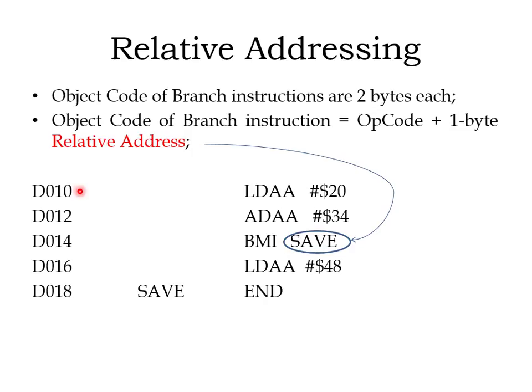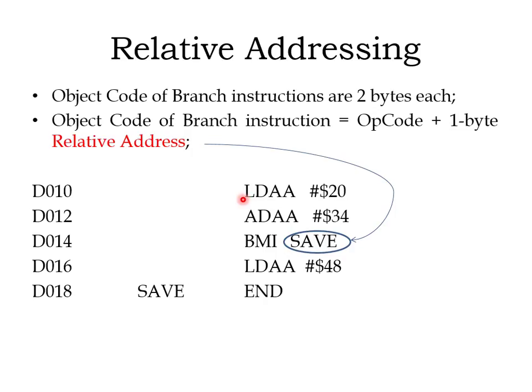Now, for an example, for this program here, we have 5 lines. It's not a program; it's, let's say, a segment of the program. D010 is the address of the first line. And remember, as I said, every line, based on the object code, might be 1 byte, 2 bytes, or 3 bytes, right? If you look at the first line, it's immediate and it's 2 bytes, so it will take D010 and D011.